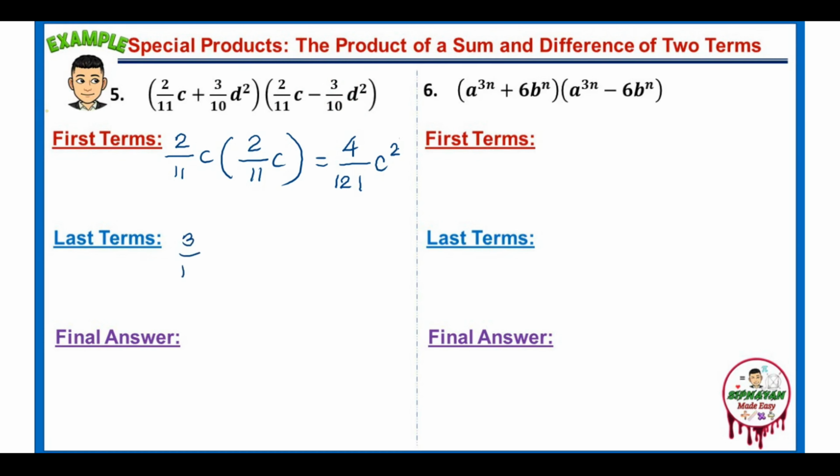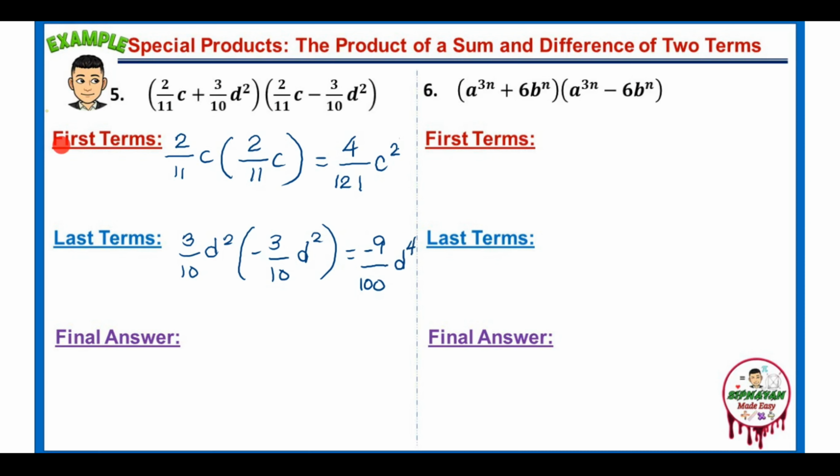That is 3 over 10d squared and negative 3 over 10d squared. Multiplying them, we have positive 3 times negative 3, that is negative 9, over 10 times 10, that is 100, and d squared times d squared, that is d raised to the 4th power.